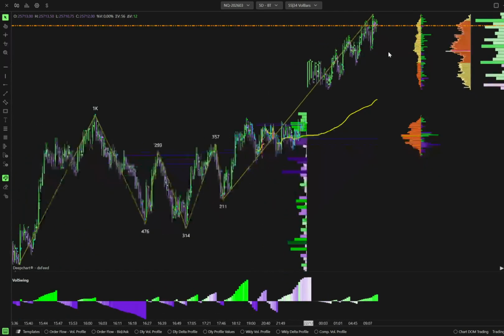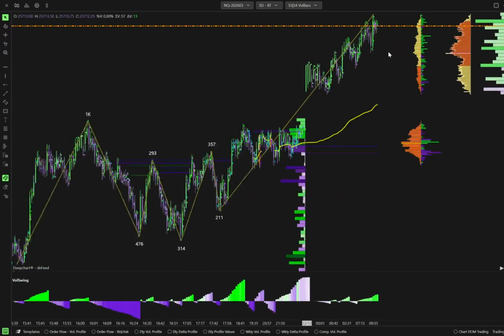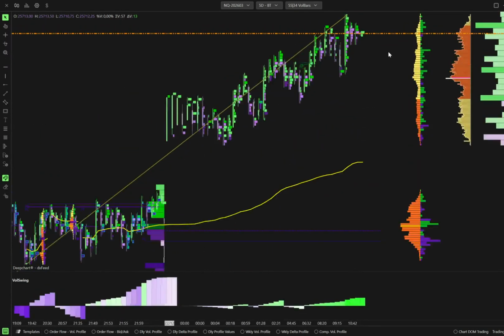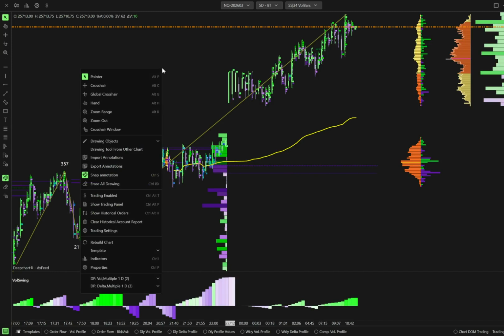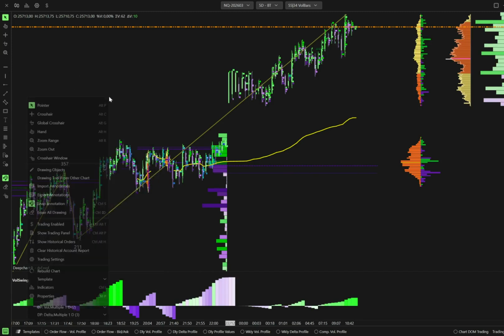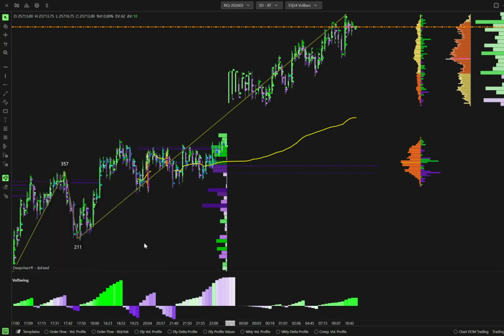Okay. So when we analyze what happened before, this is a template that Rodolfo created, and you can find it under Template.